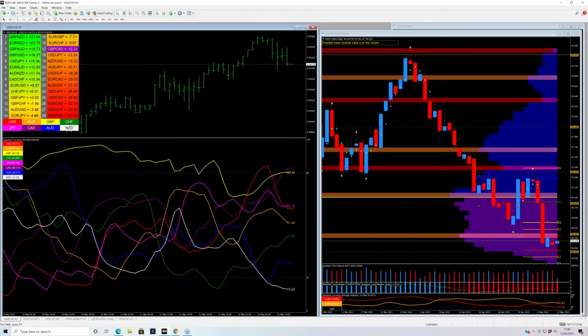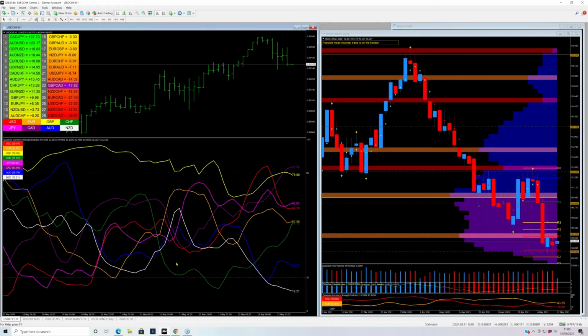Now, if you've been looking at your CSI that you have here, there's been a bit of divergence. Yesterday was a really good example where we had some buying of the Japanese yen, and we were having a sell of the Swiss franc. As I said, the market sold off.